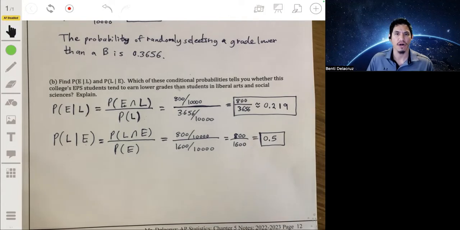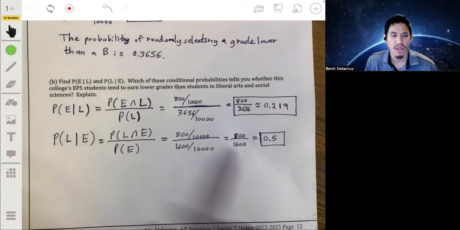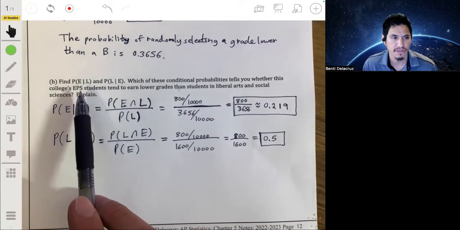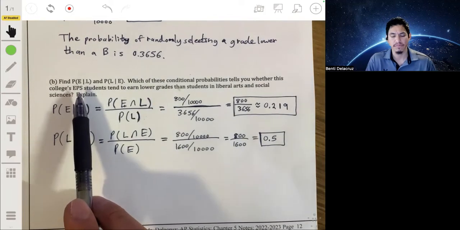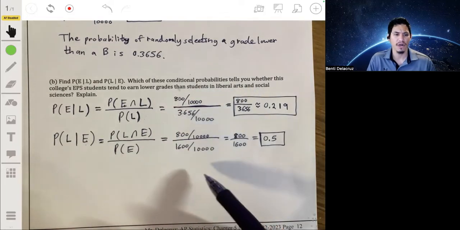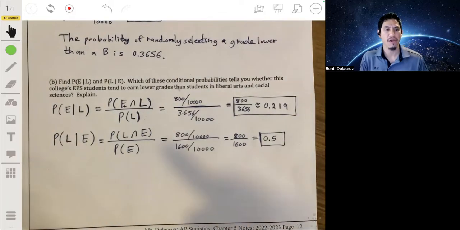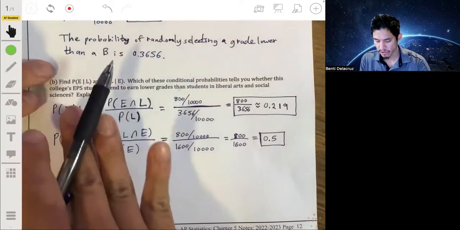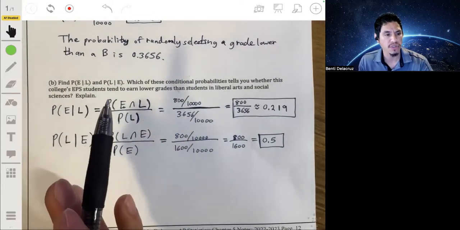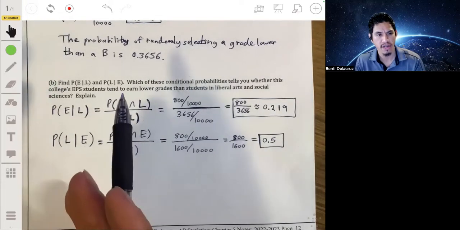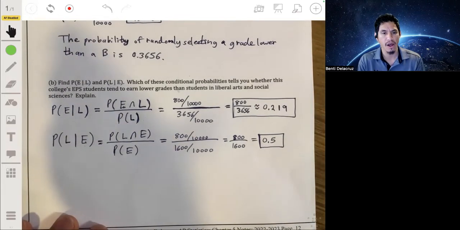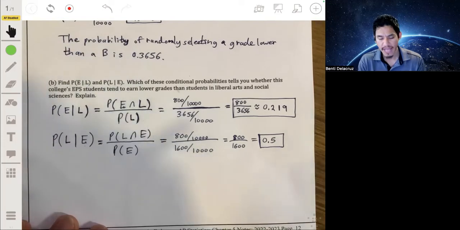Okay, so now the question is, which of these tells you that the EPS students, the students in engineering and the physical sciences, earn lower grades than the students in liberal arts and social sciences? Well, let's think about this. If you look at the initial conditional probability, you want to see which ones have to be in engineering, because if we're trying to figure out if the engineering students' grades are lower than the other students', then they have to be in engineering.